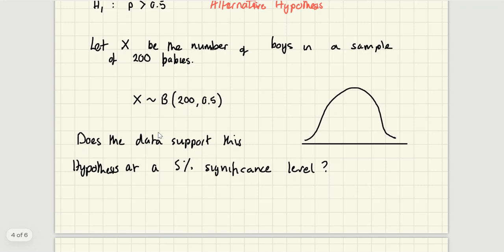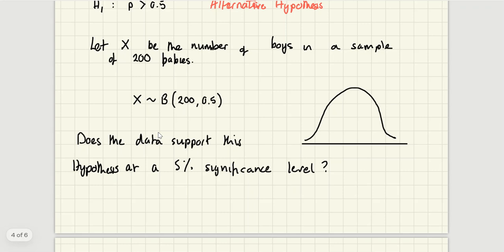Normally the significance levels you will be asked to test on will be 1%, 5%, or 10%. All right. The bigger the number, the larger the zone that is significant.